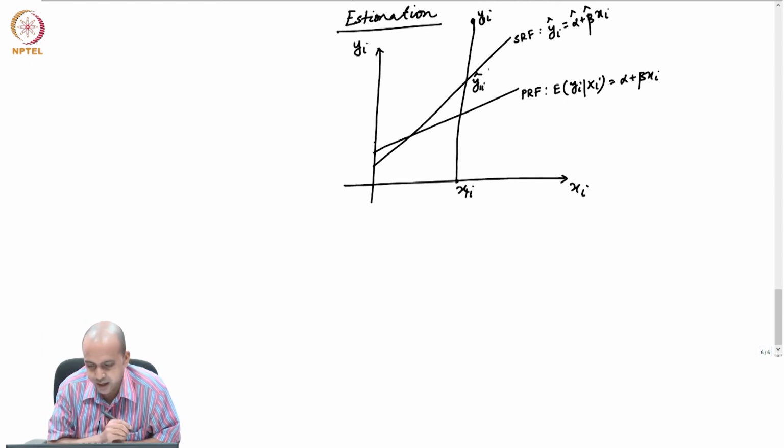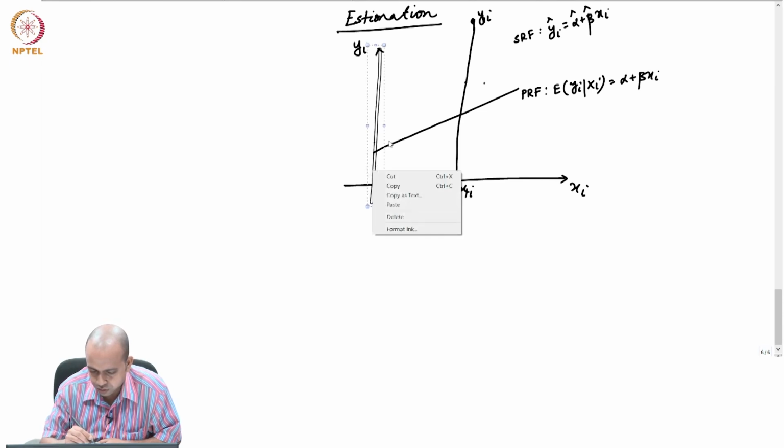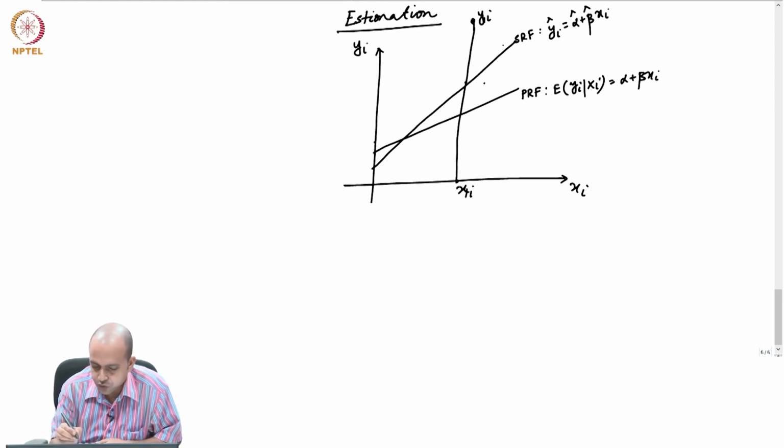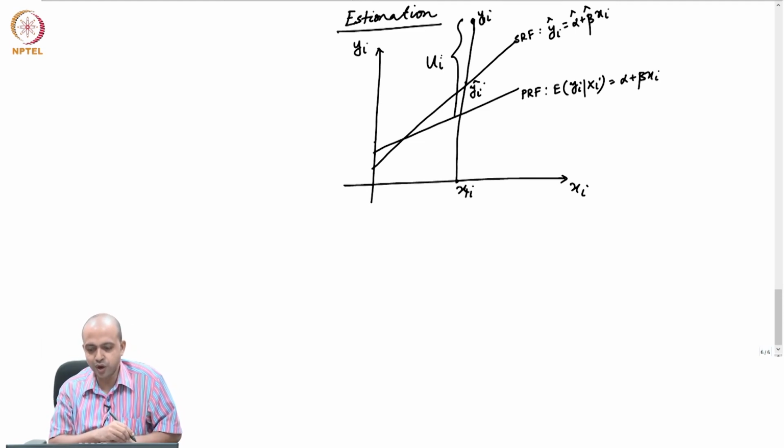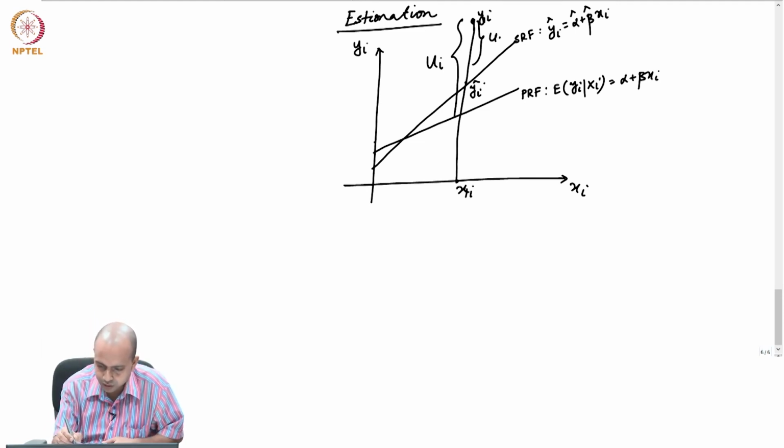That means this is your y1i, let us say this is your yi hat, and this is your yi. This is your population regression function. This is your SRF. So this is your yi hat. So this is your ui, this is your ui and this is ui hat.